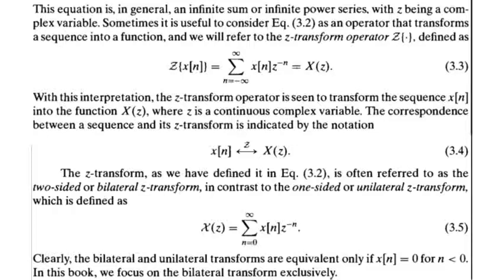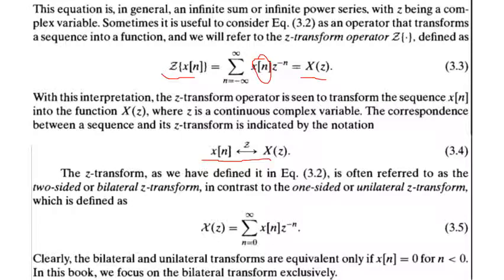So Z is an operator that maps a discrete time signal to its Z-transform. This operator is mapping the discrete time signal into the Z-transform. So Z is a function or transformation, mapping x[n] to X(z).